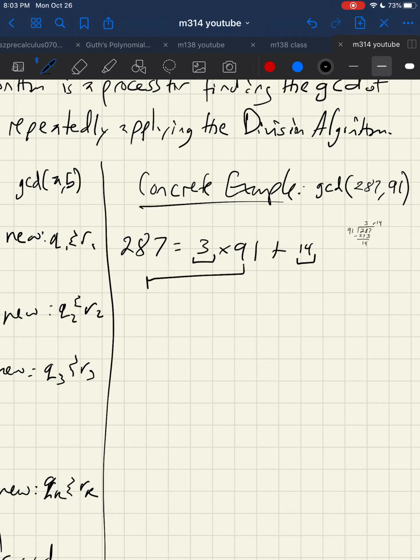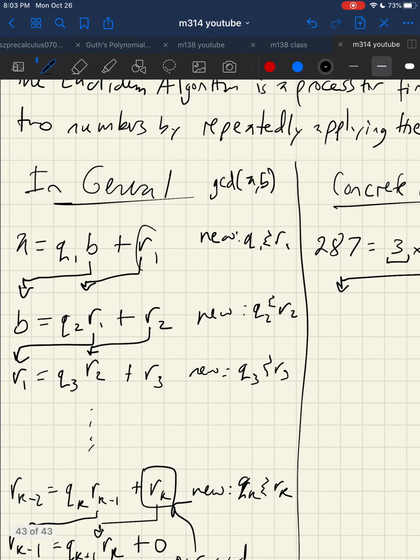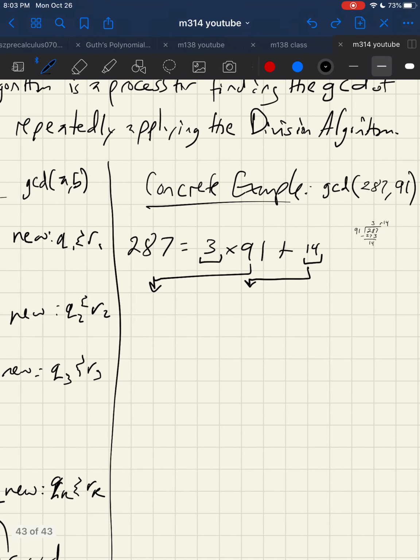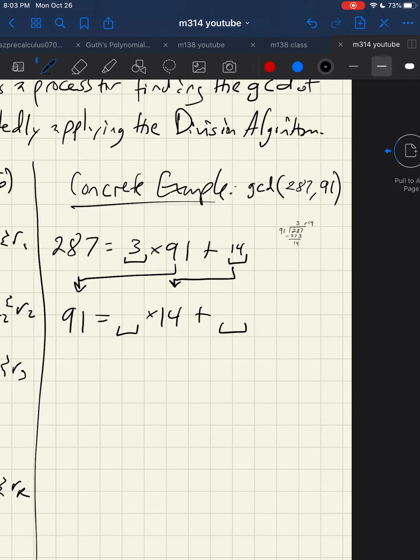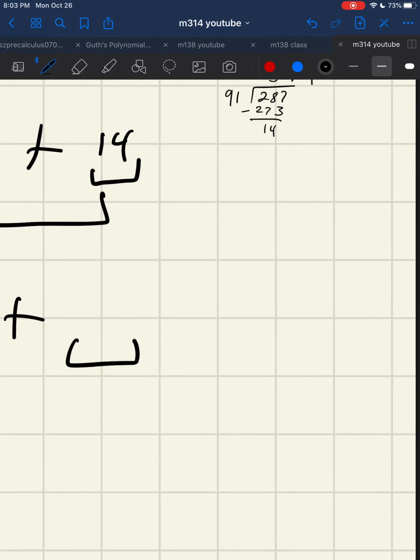And these Q factors are always going to get shifted away. The main thing I'm concerned about at each stage is the new remainder. Okay, so now I shift 91 over, and my next stage is 91 equals something times 14 plus something else. How many times does 14 go into 91?